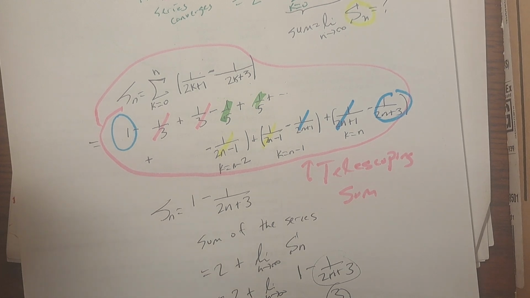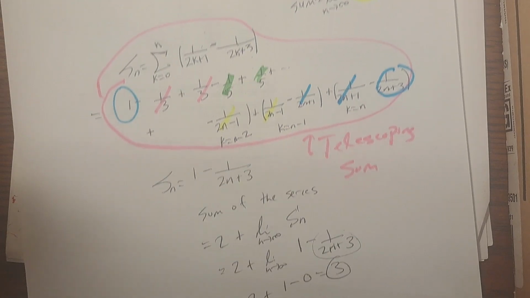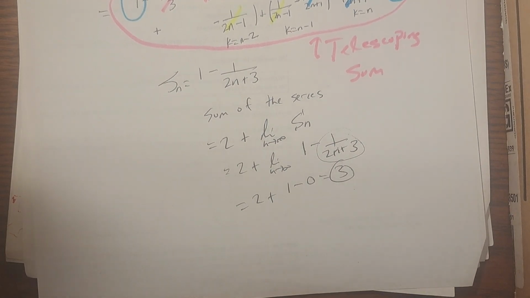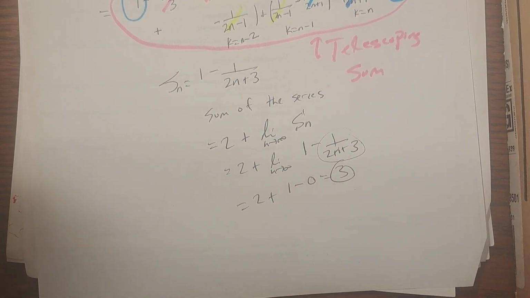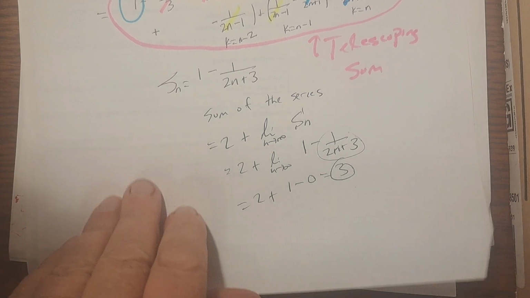And now we're going to talk about a theorem that's called the nth term test for divergence. Here's a form of the theorem.